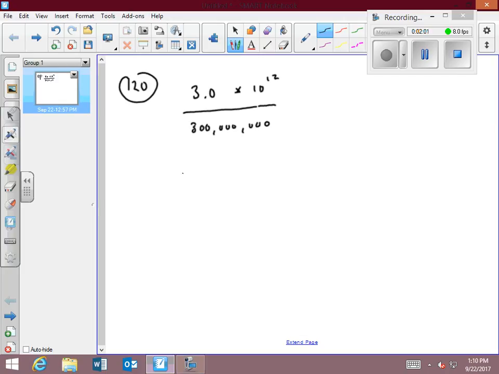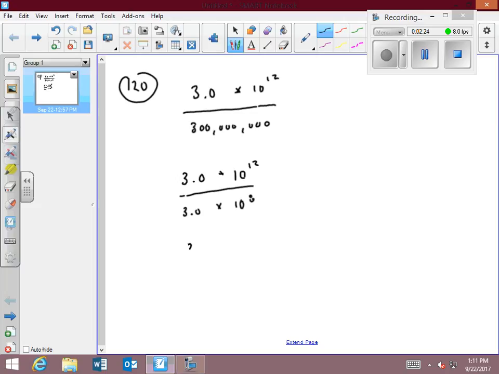Now, if we write both of those numbers in scientific notation, the denominator would be 3.0 times 10 to what power? 10 to the 8th, right?